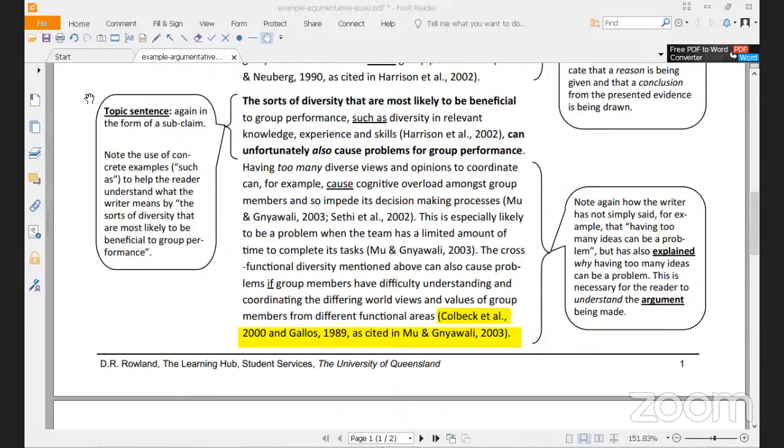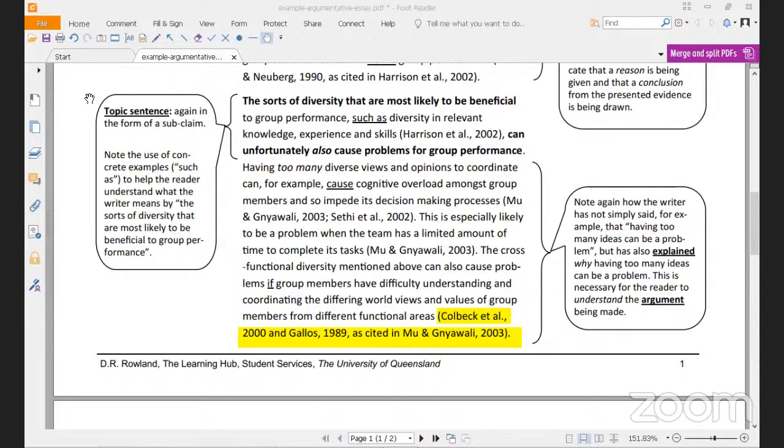The sorts of diversity that are most likely to be beneficial to group performance, such as diversity in relevant knowledge, experience, and skills, can unfortunately also cause problems for group performance. Having too many diverse views and opinions to coordinate can, for example, cause cognitive overload amongst group members and so impede its decision-making processes.